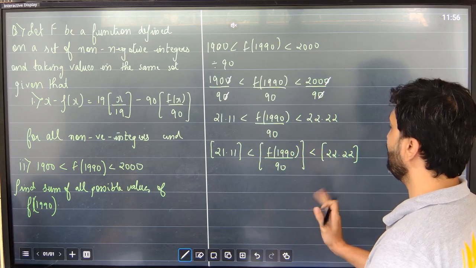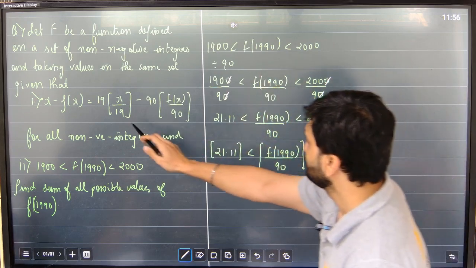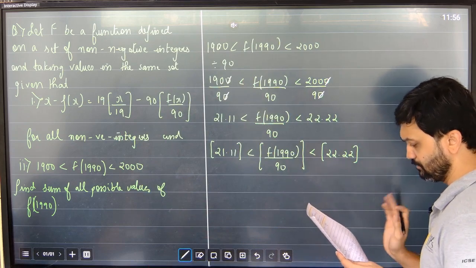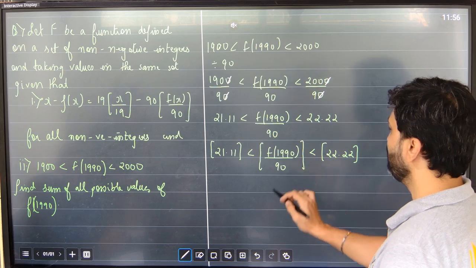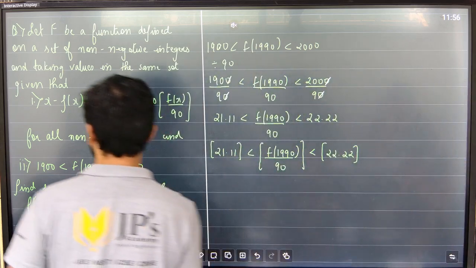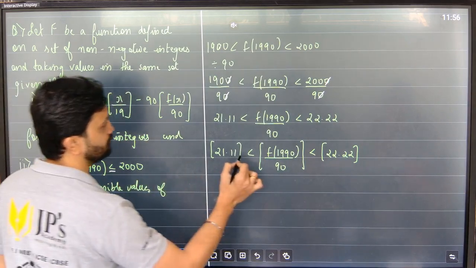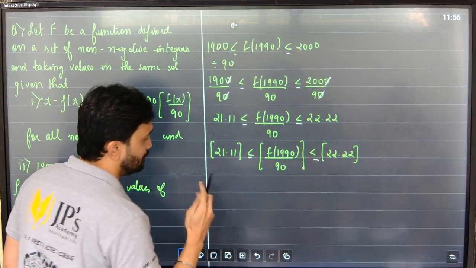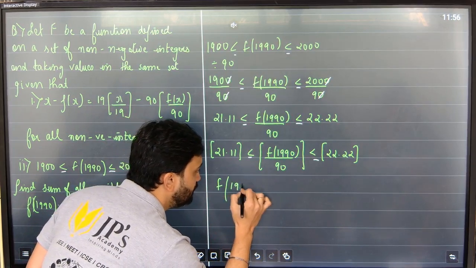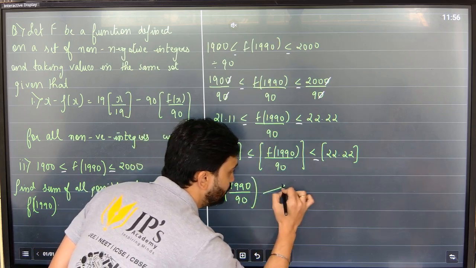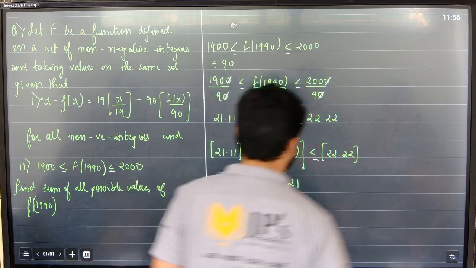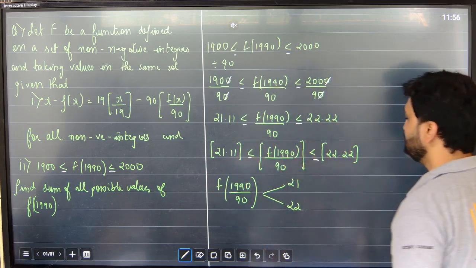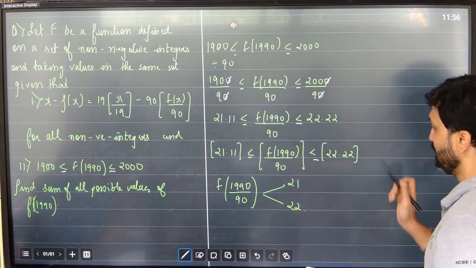Now what can f of 1990 upon 90 be? It is greater than or equal to 21.11 and less than or equal to 22.22, so the greatest integer of f of 1990 upon 90 will have two possible values, either 21 or 22, because the greatest integer function of 21.11 is 21, and the greatest integer function of 22.22 is 22. Now this is the value.